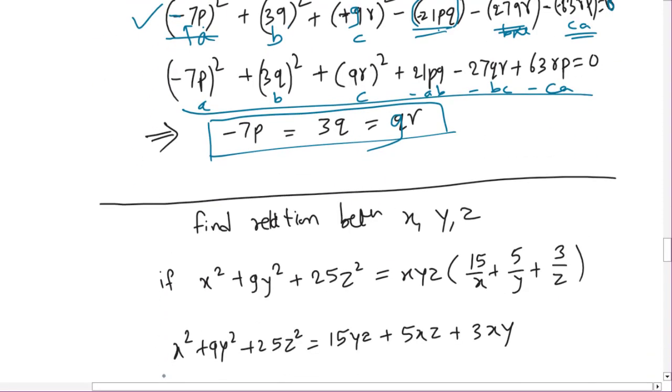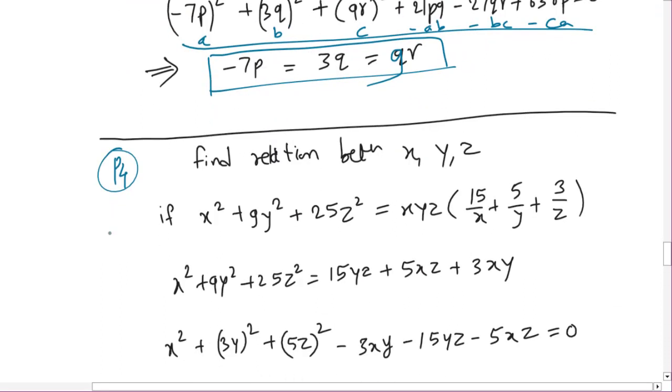Now let us look at problem 4. So again we have to find the relation between x, y and z. So they have given x square plus 9y square plus 25z square is equal to xyz inside the bracket 15 upon x plus 5 upon y plus 3 upon z.